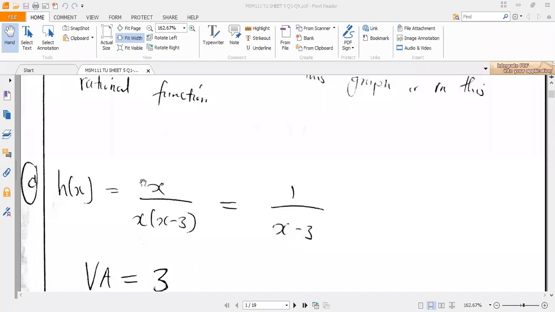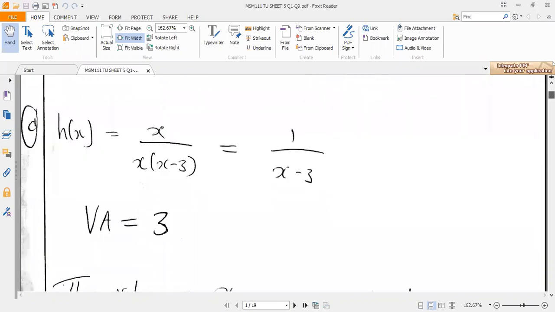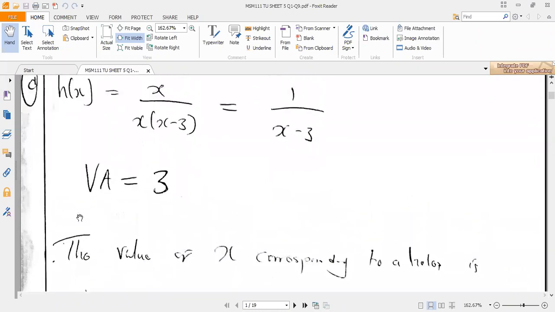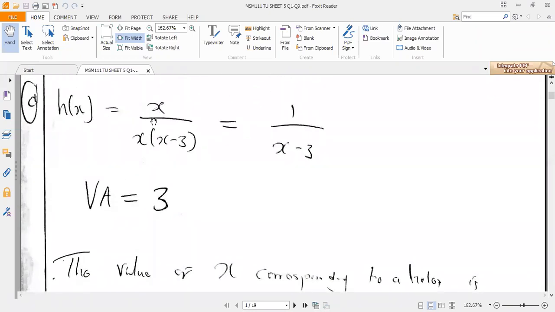So now the x which we cancelled, the one we have cancelled there, simply tells you that there is a hole in it. The value of x corresponding to that hole is 0, isn't it? Here we noticed that there was an x and an x there, so I've cancelled that.